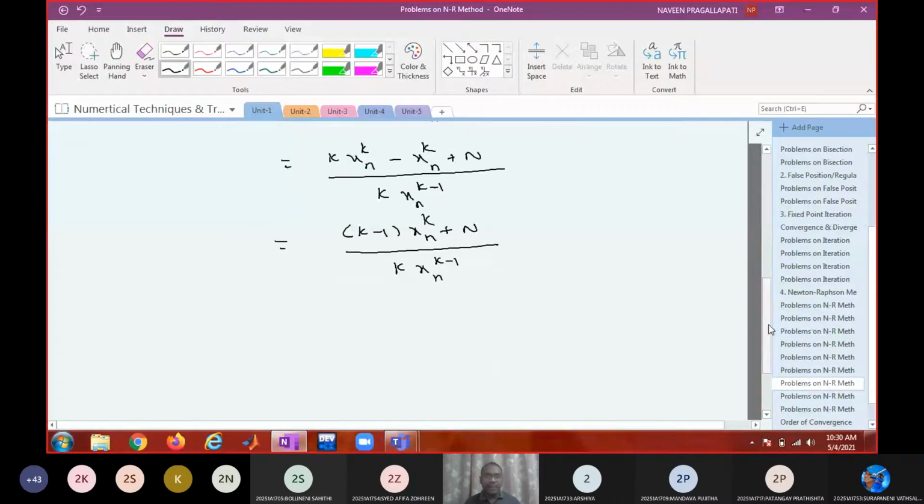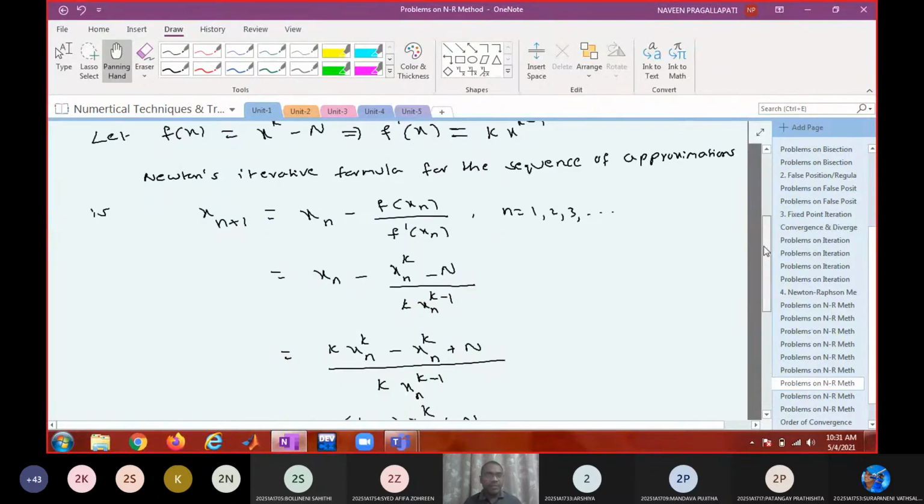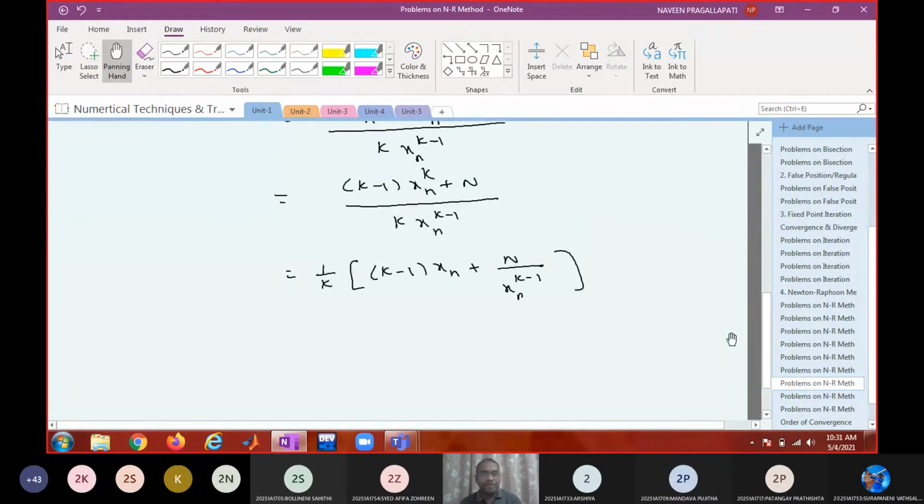Okay, so if I take 1 by k outside, it is going to be k minus 1 into xn plus n by xn power k minus 1. Both are the same, I think. So you can use this, or you can use this. You can use any one of these formulas as a Newton's iterative formula. Is it fine?